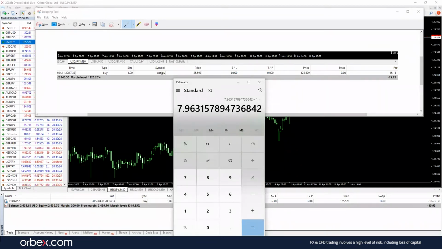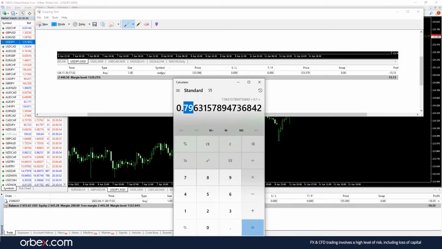However, if you do have a micro lot open or something smaller open, then let's just give you a live example. So if I put in a 0.1 lot amount, I'll have to multiply that by 0.1. So my pip value will go from $7, nearly $8 a lot to 80 cents a lot, because this has been lowered.